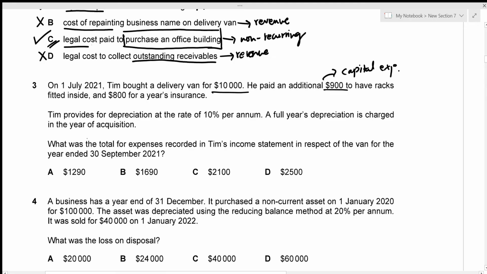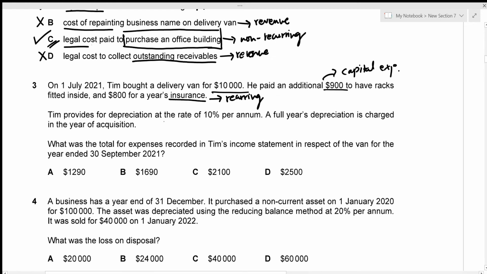All right, and the next is 800 for a year's insurance. We know that insurance is something that's going to occur every year. So that's a recurring expense, which means that this is of revenue nature. So this is only included in the overhead section of the income statement. This is not going to be included while calculating the cost for the delivery van.